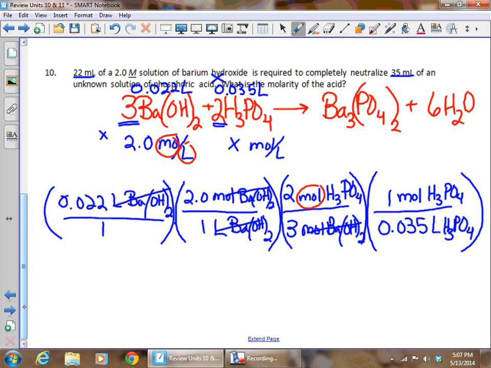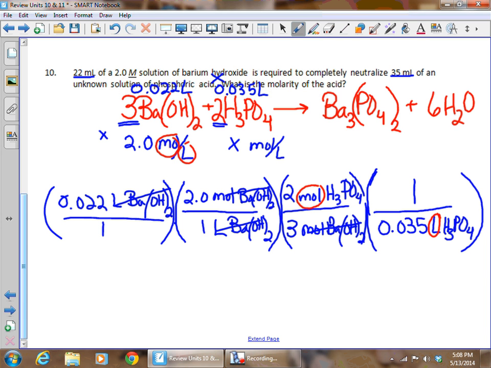Oh, I'm sorry, I wrote that wrong. Don't put that. Remember, we don't want any other units on top. We want moles per liter. That top value is going to be simply 1. Please do not make that mistake whenever you're taking this test.